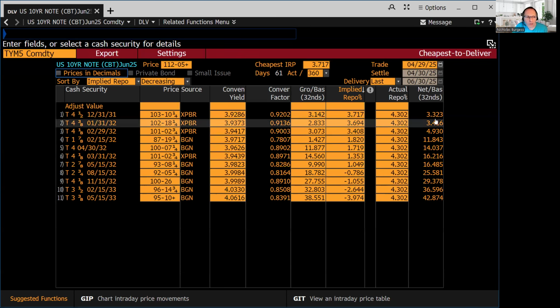Now, the upside for you is that in a low bond yield volatility environment, where interest rates are stable, you just let your cash bond price converge to the forward or futures price, and all of that benefit is yours.